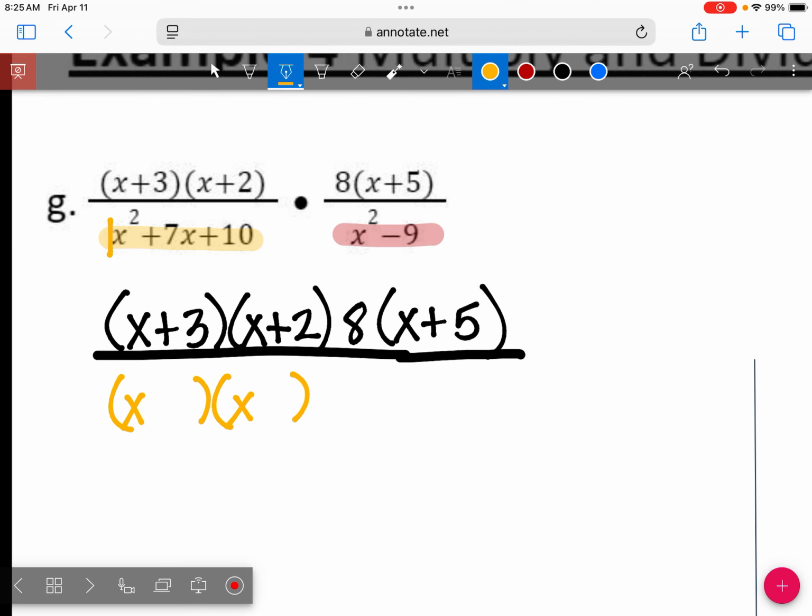So we need two numbers that multiply to equal 10 and add to 7. All right, I saw a +2 and a +5.